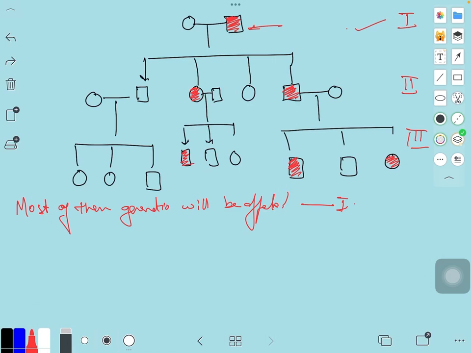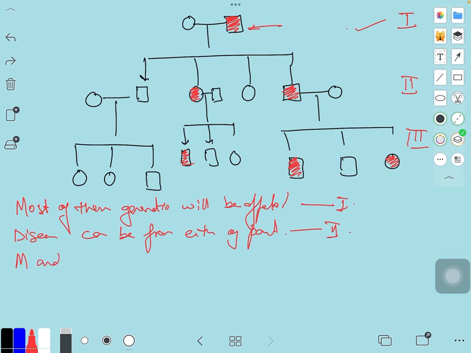So in simple words, disease can be from either of the parents, it can be male, it can be female, doesn't matter. That's point number 2.